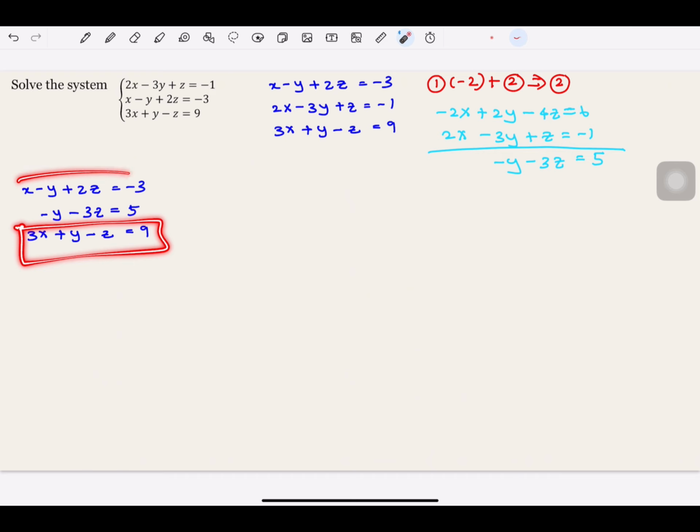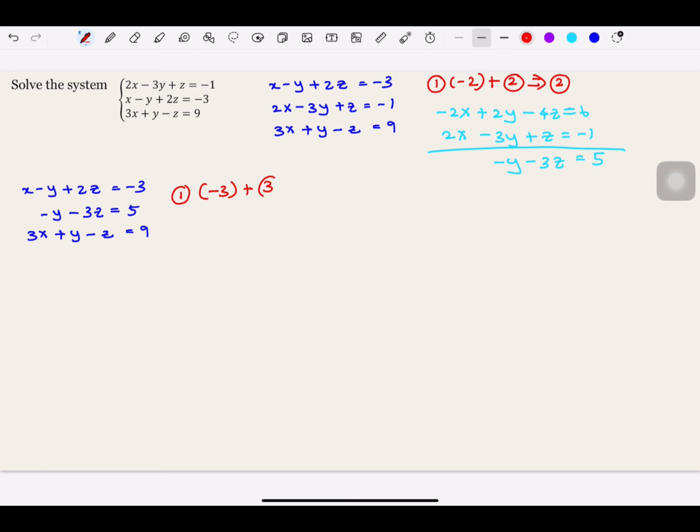To do that, I'm going to use the first equation. Here we have a positive 3. To get rid of that positive 3, I'm going to multiply the first equation by negative 3, add it into the third equation, and replace the third equation by the resulting equation. If you multiply the first equation by negative 3, you'll get negative 3x minus 3y plus 6z equals negative 3 multiplied by negative 3, a positive 9.